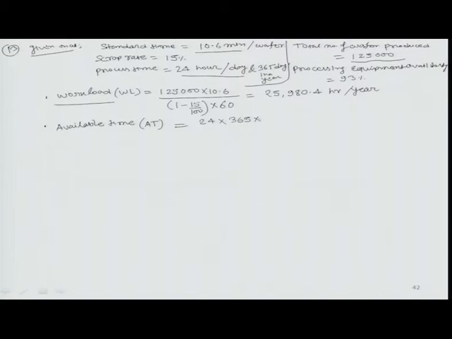And what was the equipment availability? That is 93%. So we'll have to take this into account again. On solving it, that will be 8,146.8 hours per year per equipment.